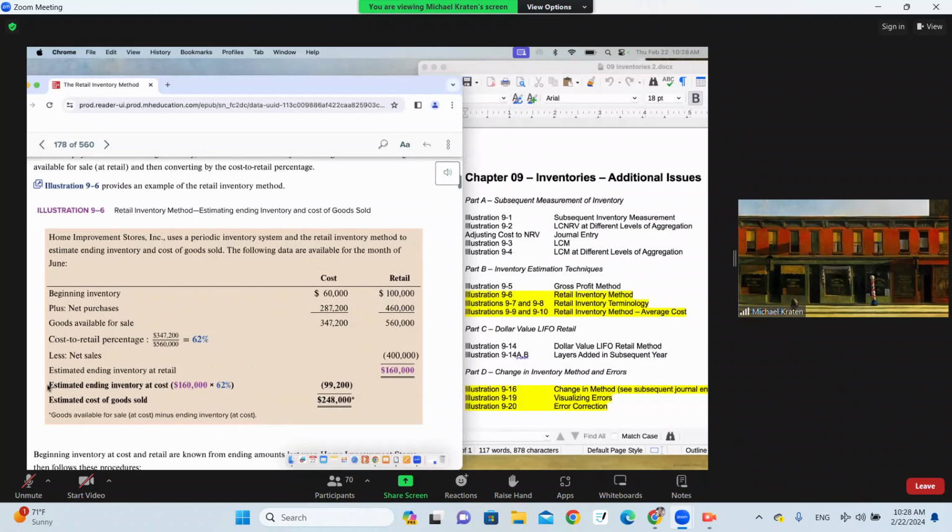Just a quick reminder, why are you doing these estimates? These are all about estimating your inventory and estimating the cost of the goods that you sell. Why can't you just keep track of your actual goods sold? Well, actually, we do that.